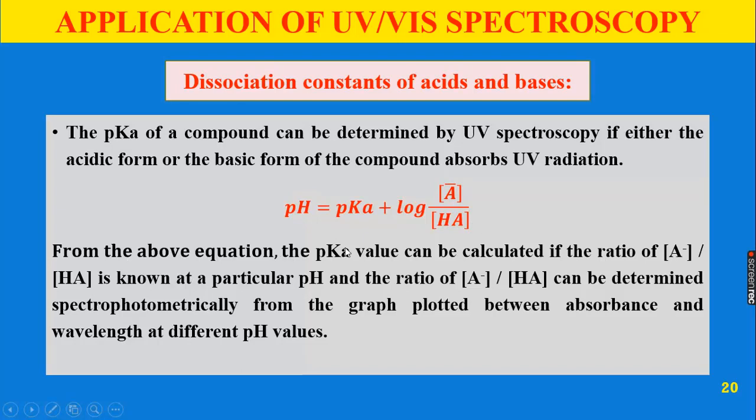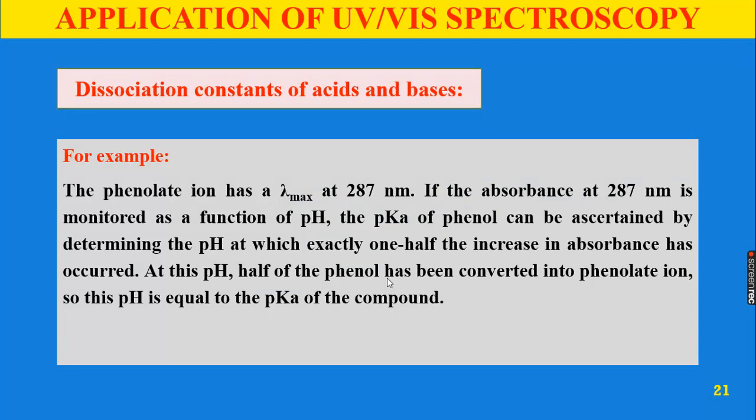From this equation, the pKa value can be calculated if the ratio A minus over HA is known at a particular pH. Basically, we change the pH, then the ratio may change from ionized to unionized or unionized to ionized. For explanation, I have taken the example of phenol and phenolate ion.